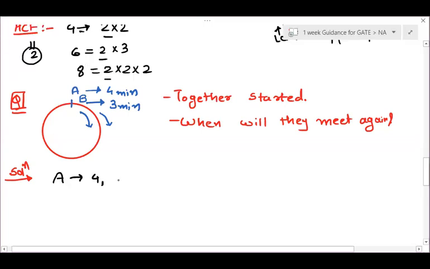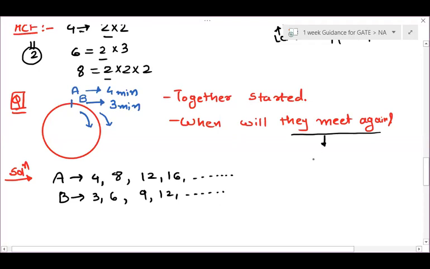4, 8, 12, 16, all are multiples of 4, or not? And B will come again at multiples of 3, or not? 6, 9, 12, right? And when they are going to meet again, it will be at their common multiples.